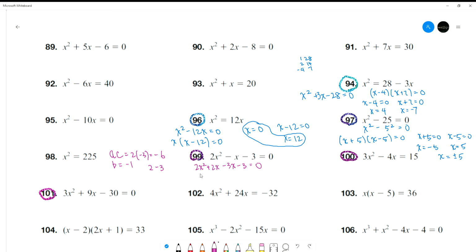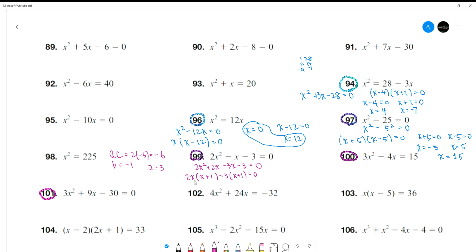The first group, find the GCF, you should get 2x, and your other factor is x plus 1. In the second group, your leading term is negative, so you should factor a negative out, which in this case is negative 3, and you get x plus 1.